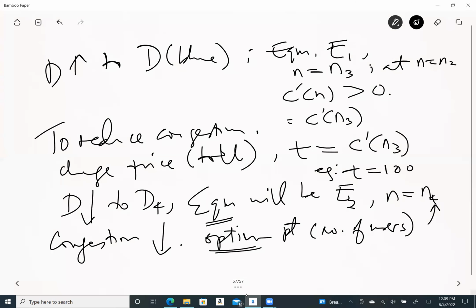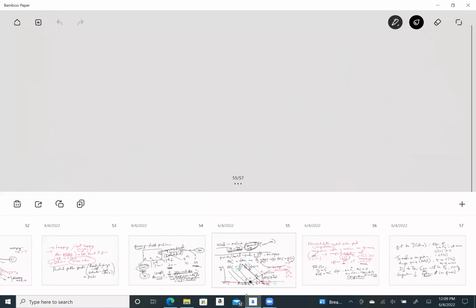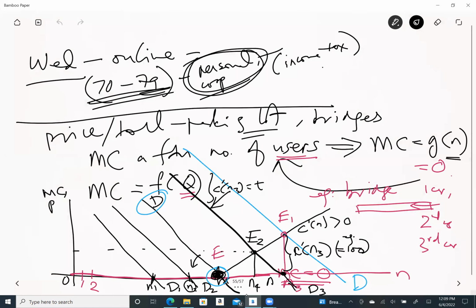The only problem is with my diagram: I cannot capture that T is equal to 100. But we have the important outcome. Demand will be reduced to D3, and equilibrium will be E2, where the marginal benefit is equal to the marginal cost. Then you will have N equal to N4.